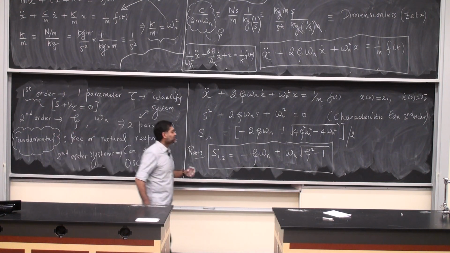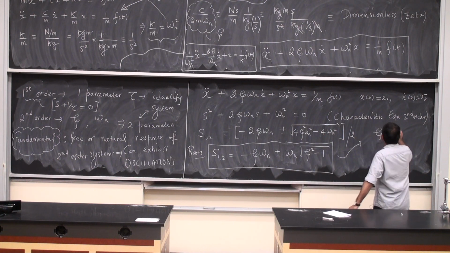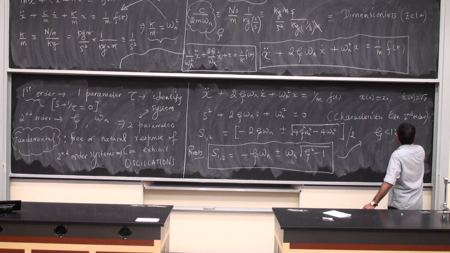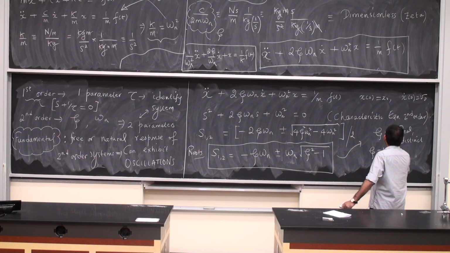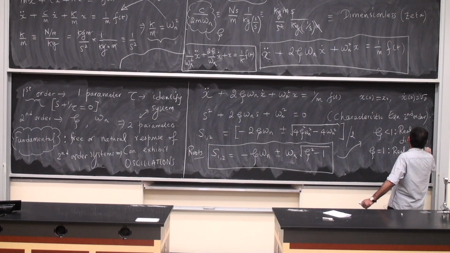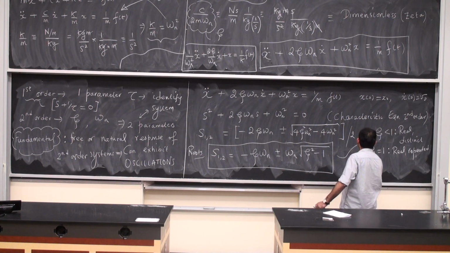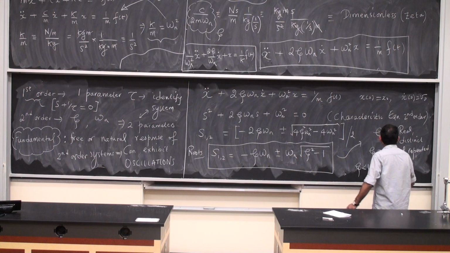So I'm going to write these 3 cases down: zeta greater than 1, real and distinct; zeta equal to 1, real, repeated; and zeta less than 1, complex conjugates.